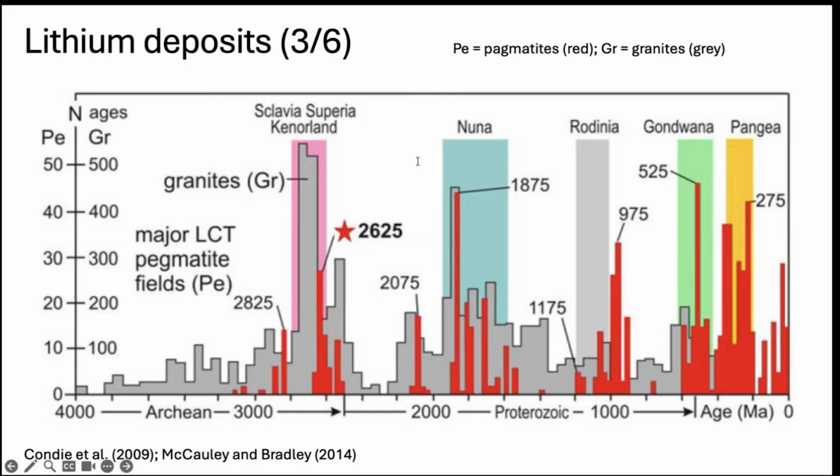And then the red star here, I forget which one that is, but anyway, that's a supergiant pegmatite deposit. So some of the peaks in pegmatite formation are highlighted by the different ages, just showing that they're quite common through time, associated with granite formation.